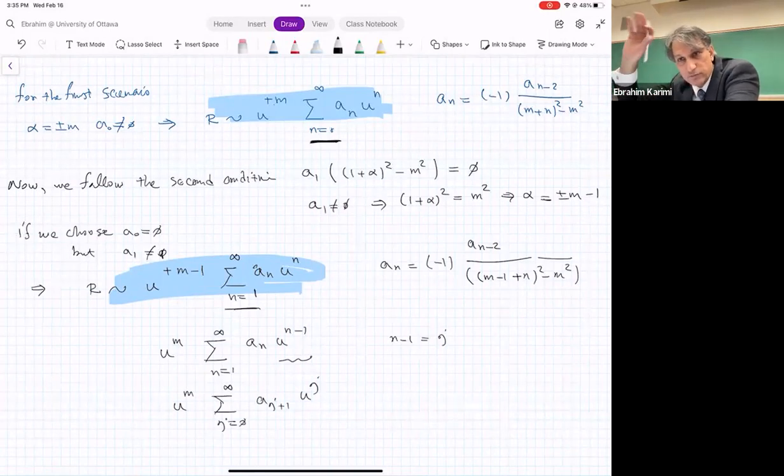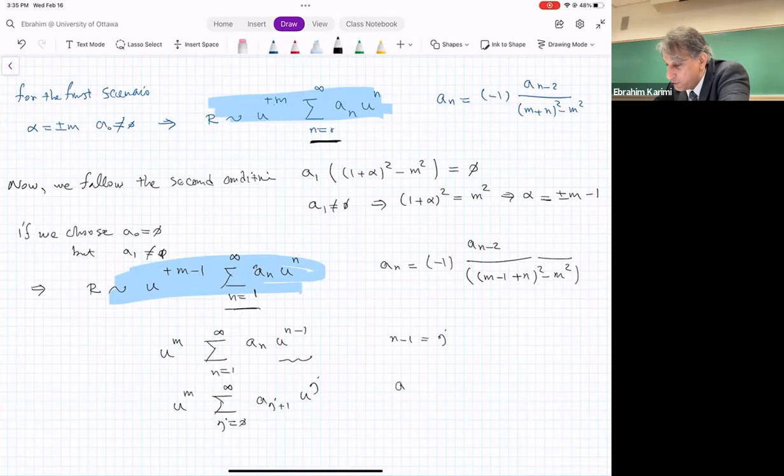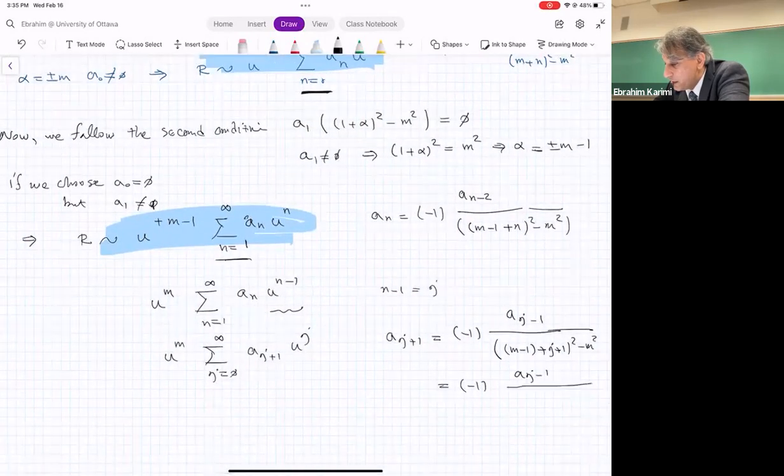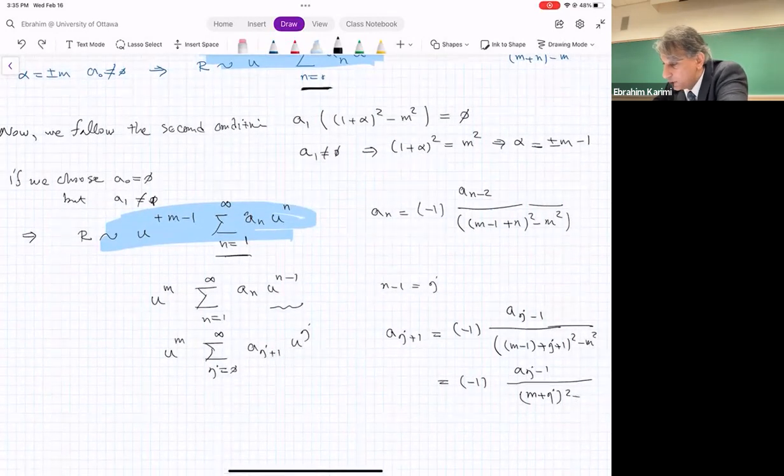What I have done is just change the series power to start from 0 now, not starting from 1. And then replacing aj, because now you are dealing with a(j+1), you will get minus 1, a(j-1) divided by (m plus n), which is j plus 1 now, to the power of 2 minus m squared, which is exactly minus 1 a(j-1) divided by (m plus j) to the power of 2 minus m squared.